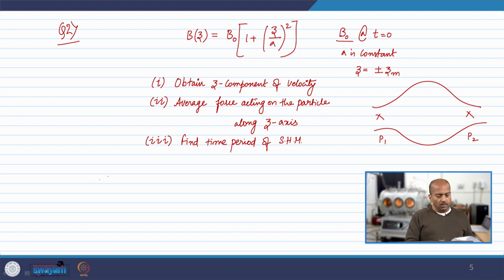Now we are asked a different set of questions. In the last example, we had to just get the points where the mirroring will happen. Now here we have to obtain a different set of parameters. So we will go step by step.